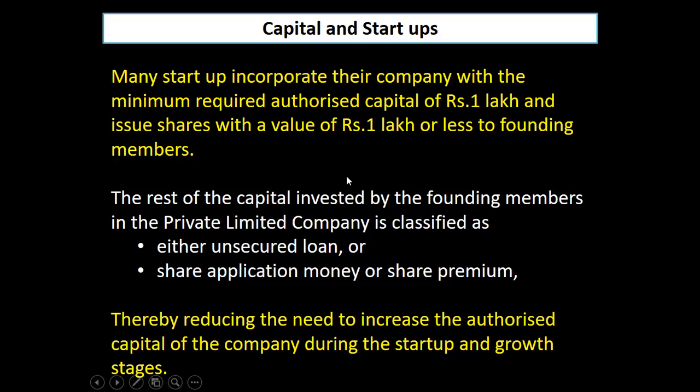And the rest of the money invested, normally they put either as an unsecured loan, or sometimes they show it as share application money or share premium. As a result, there is no immediate need to increase the authorized capital and pay the fees. So to start a business, it is better to have a small authorized capital and let the business grow. With the passage of time, you can explore the possibilities of raising funds from different sources.